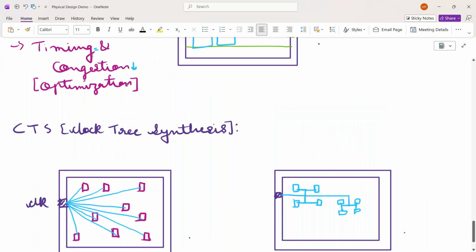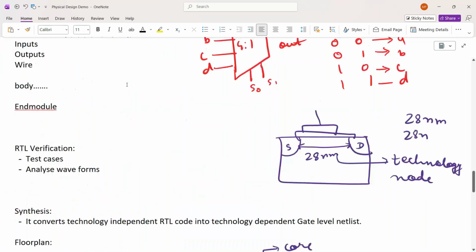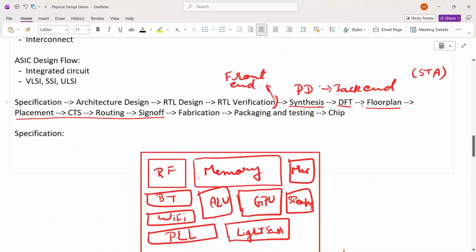Now, what has happened till now? We created the floor plan, the core and die are created, macros are placed, pins are placed. We placed all the standard cells also. We provided clock to the sequential cells also. Now what is next? Power is provided, clock is provided. What is remaining? Signal.